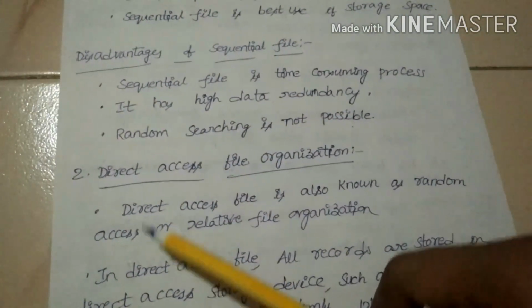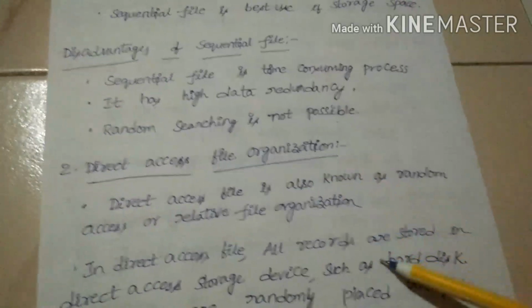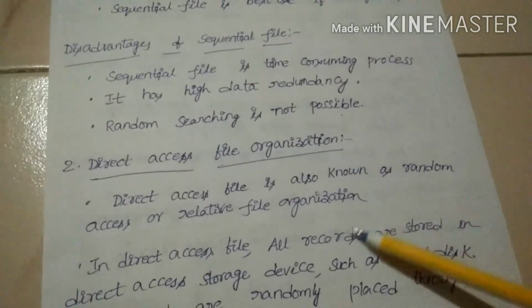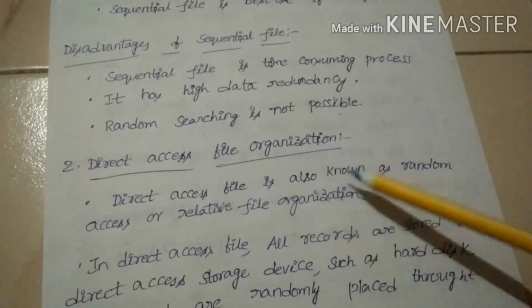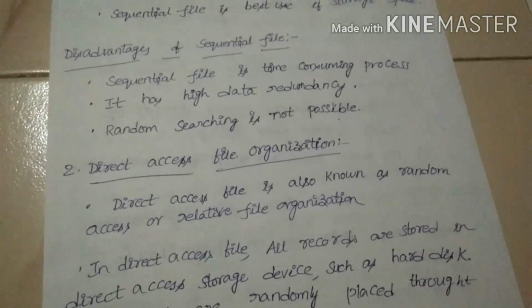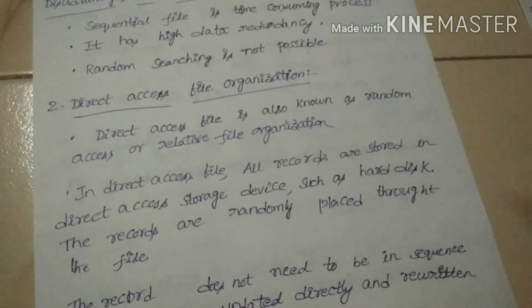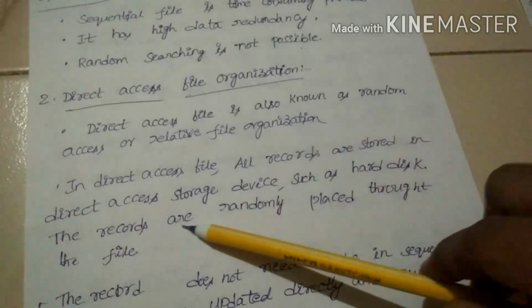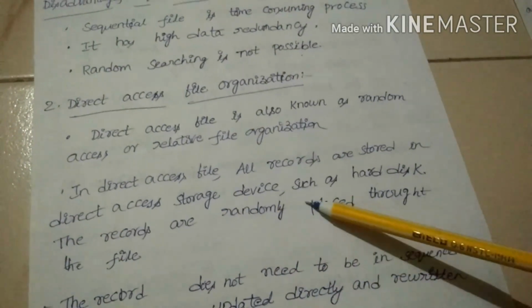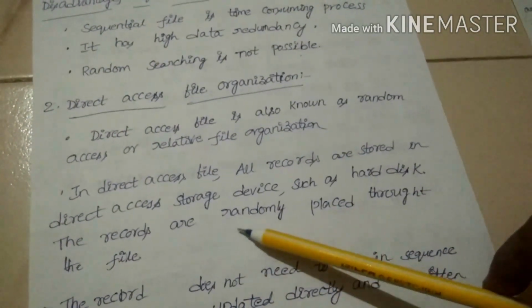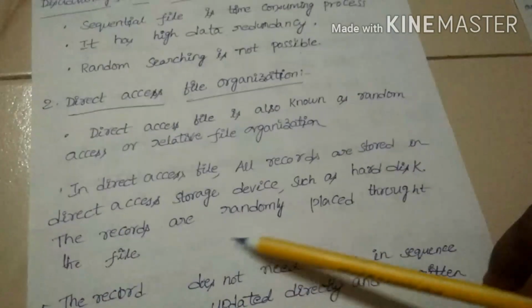Next, the second type is direct access file organization. It is also known as random access or relative file organization. In a direct access file, all records are stored in a direct access storage device such as a hard disk. The records are randomly placed throughout the file.